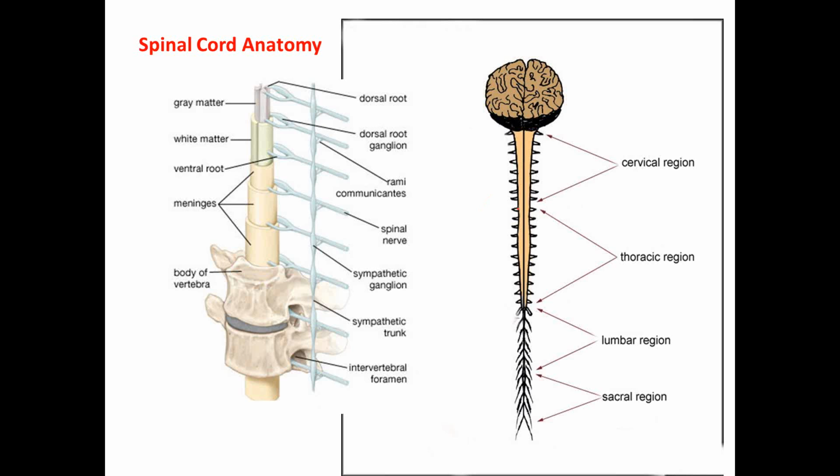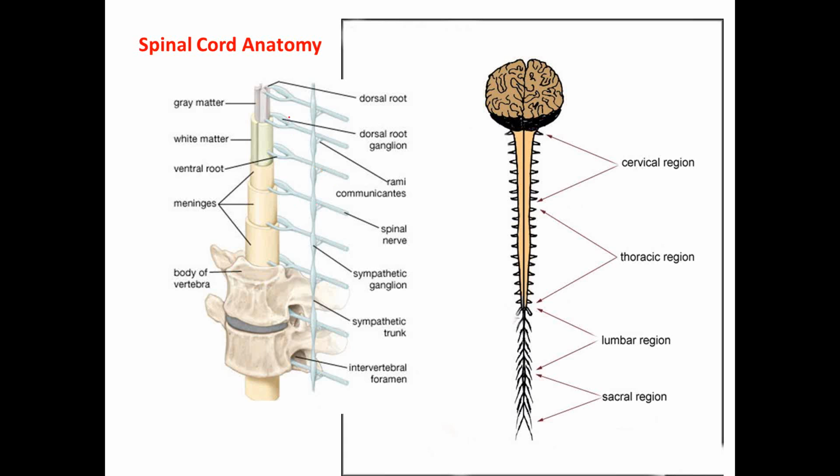If you remember, as part of the central nervous system, it's encased in bone, so within the core of the vertebrae of the back of your spinal column is the spinal cord. Now the spinal cord is surrounded by protective membranes, and we'll see those later on, called the meninges. And it is also connected to the outside world, if you like, via spinal nerves.